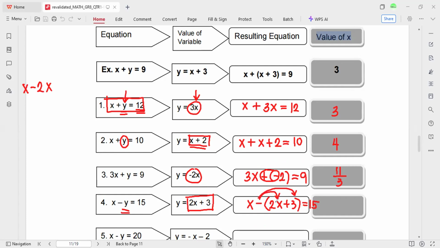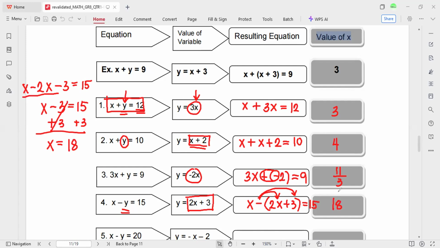Negative 1 times 2x is negative 2x. Negative 1 times 3 is negative 3 equals 15. Simplify, we get x minus 2x, that is negative x, minus 3 equals 15. Add 3 to both sides. So we get x is equal to 8.